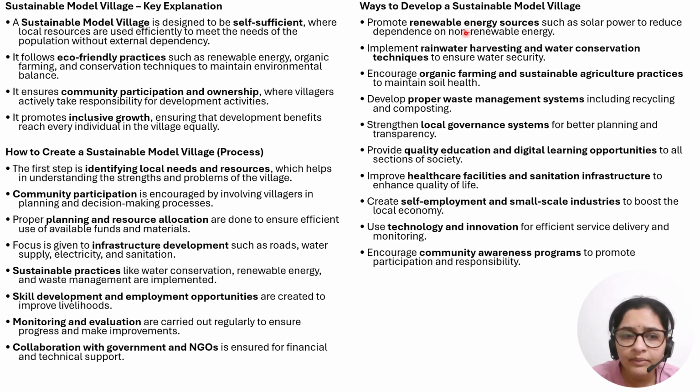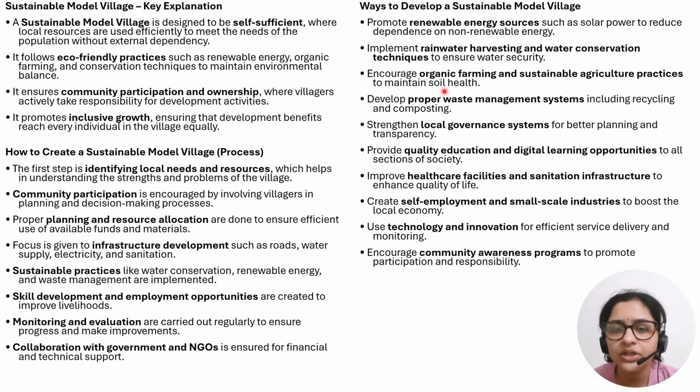These are the steps to create a sustainable model village. Now, ways to develop a sustainable model village. First we have to promote renewable energy resources, then implement rainwater harvesting and water conservation techniques.